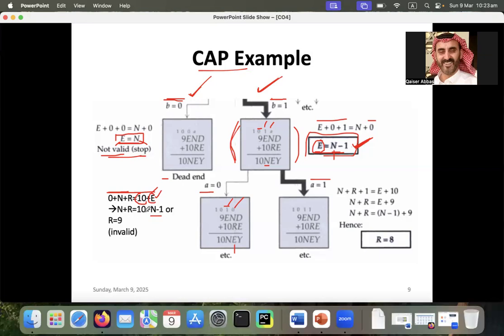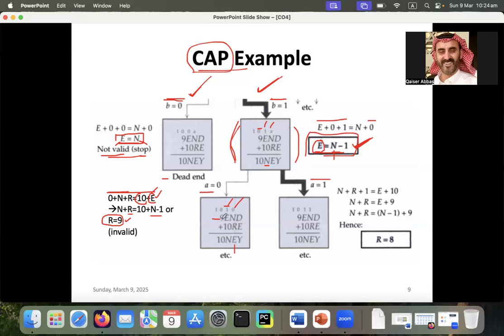When you simplify it, you will get r is equal to 9. But we have already given this 9 to some other letter, which was s here. So if here we find that r is also 9, it is not valid according to this problem, because each letter will have a different digit.